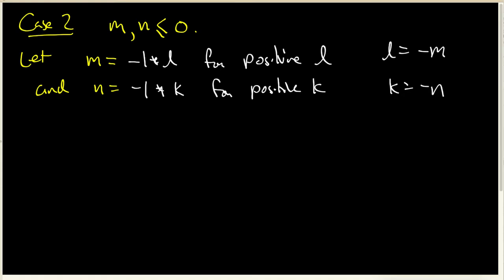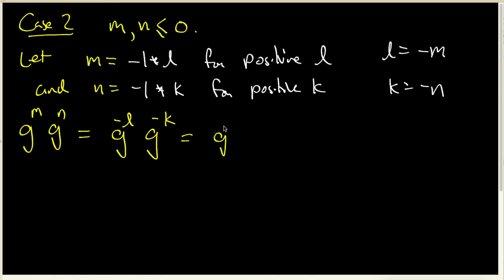So now let's look at what the expression g^m times g^n actually means. Well, g^m is g^(-L), and g^n is g^(-K). But now I know how to deal with both of these since K and L are positive. The first one is going to be (g^(-1))^L, and this one is going to be (g^(-1))^K.